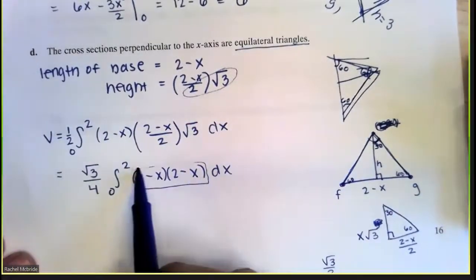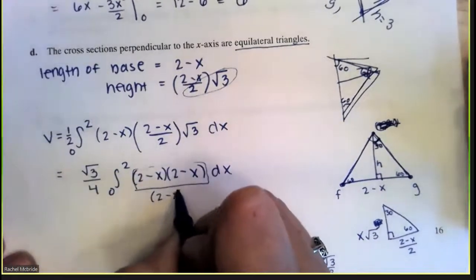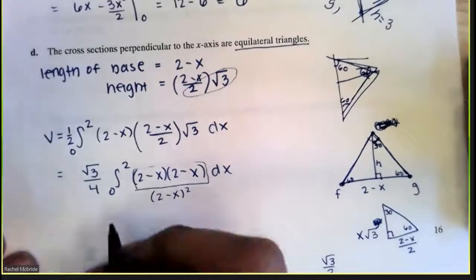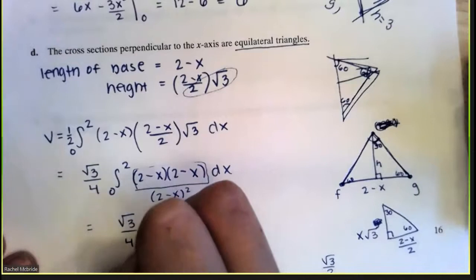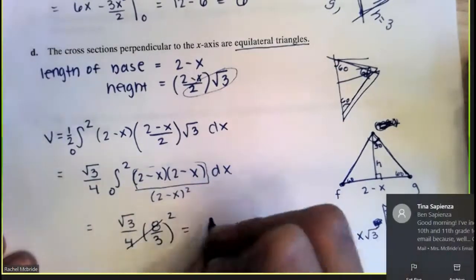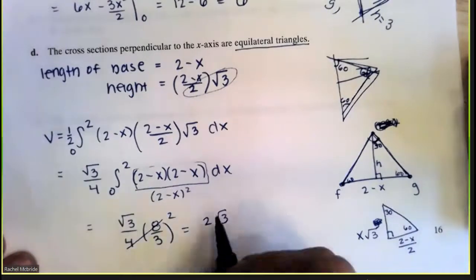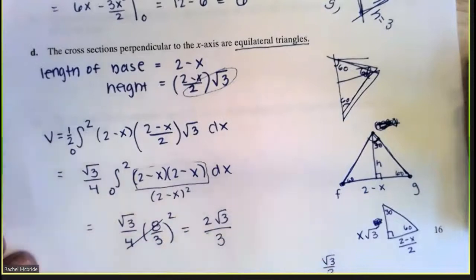And hopefully that looks familiar to you, because that's 2 minus x squared, which we've already integrated way back in part A. So this becomes root 3 over 4 times 8 thirds. 8 and 4 become 2, so you get 2 square roots of 3 over 3.